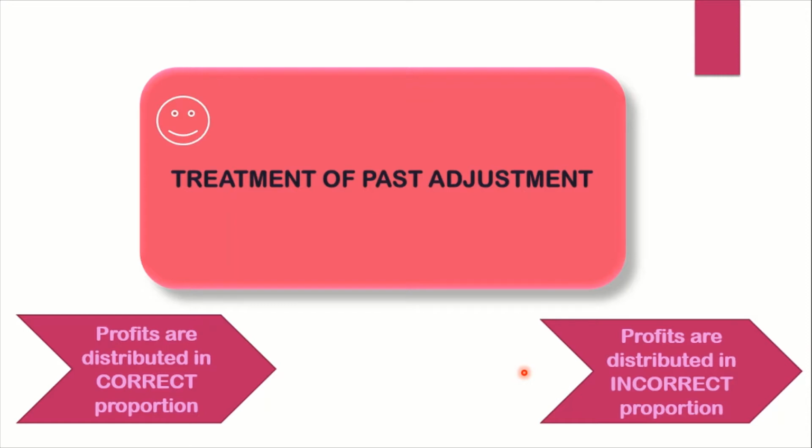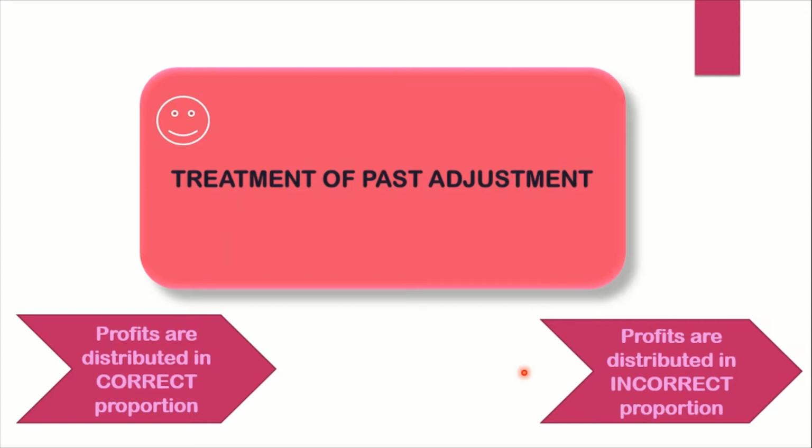Now the point here is, students generally get confused with the treatment, whether to take the profit which is already distributed in our statement of adjustment or not. Now I'll tell you, there are two ways. If there is no mistake in distribution of the profits, then we should not take profits.